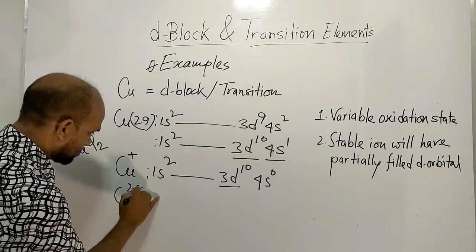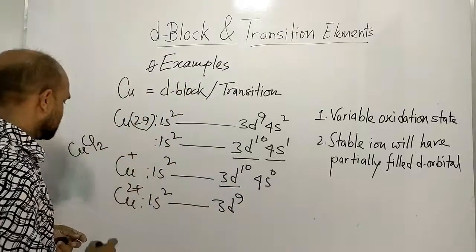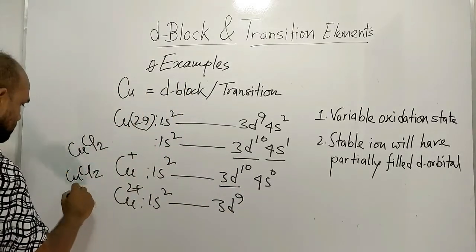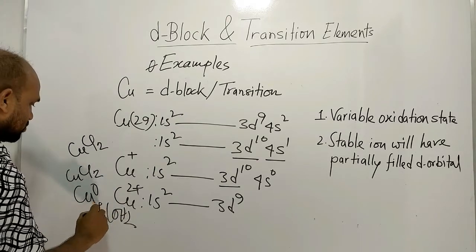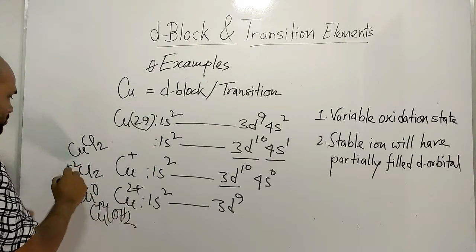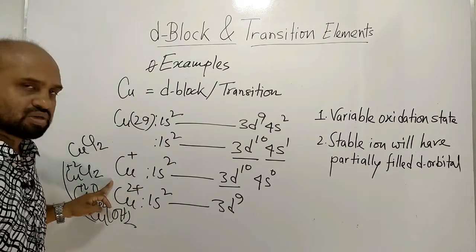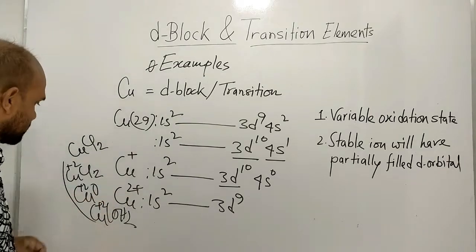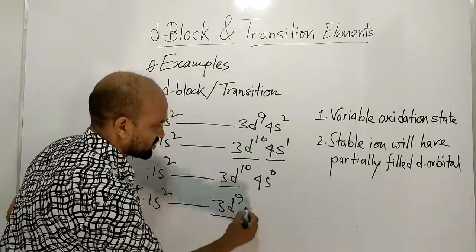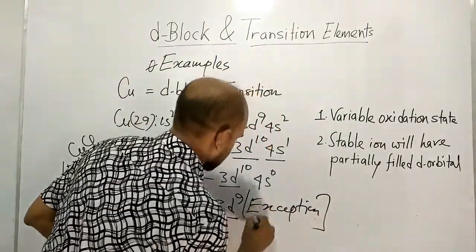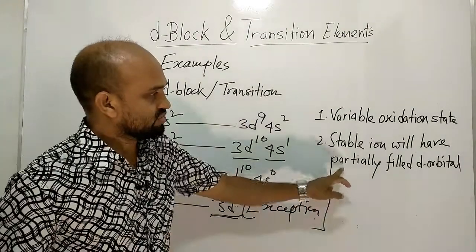Copper 2+: 1s2, 3d9, like copper hydroxide. So here 2+ oxidation state. The compounds of copper 2+ are available in nature. Considering this, it is considered the stable ion exceptionally. Exceptionally, this is a stable ion that contains a partially filled d orbital.